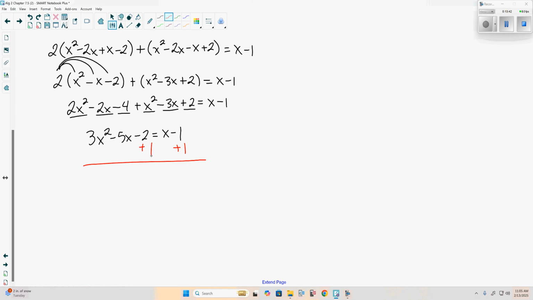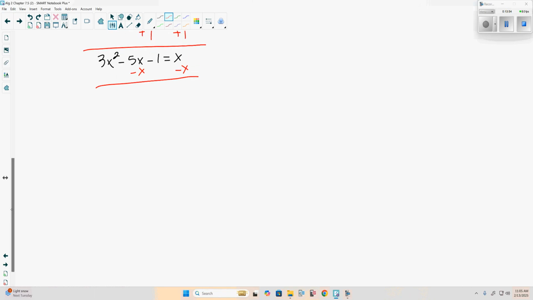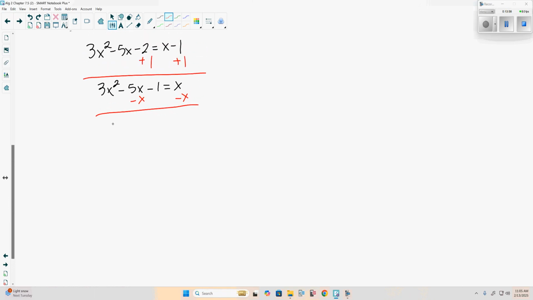Now we need to get this equal to 0, so we can add 1 and subtract x. All right.